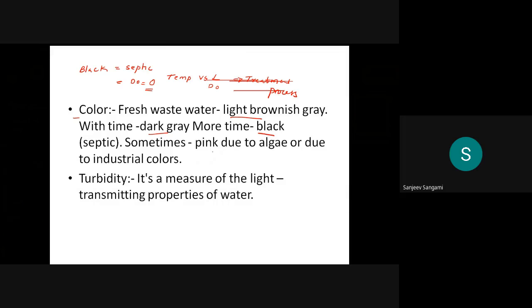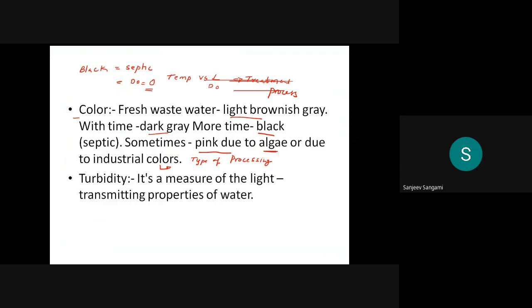Sometimes it will turn pink in color. This is due to algae. And in some industrial processes, you will also get some colors, which depends on the type of processing.